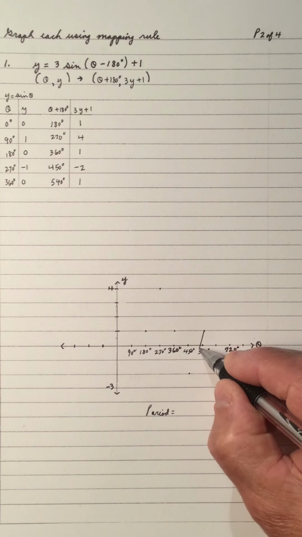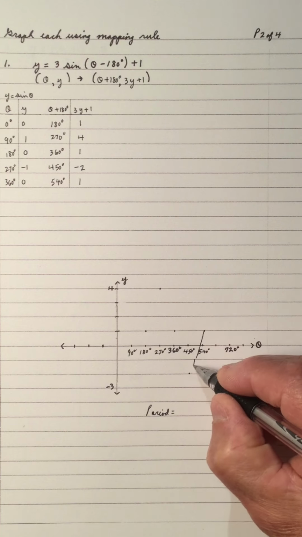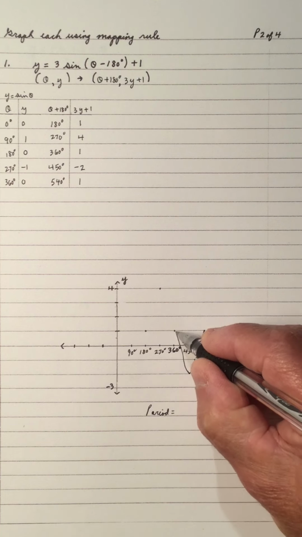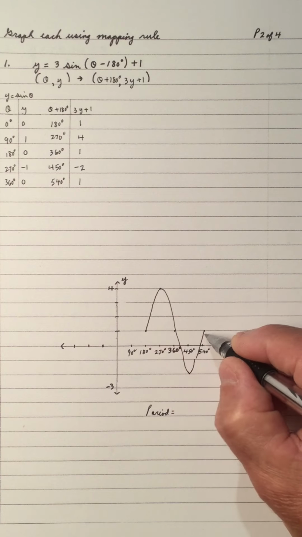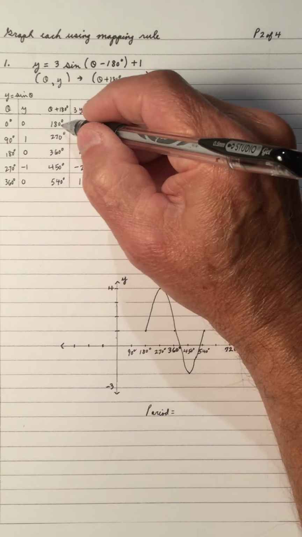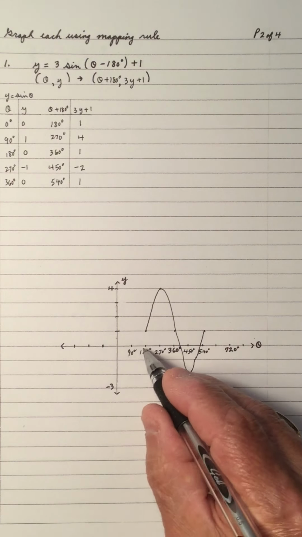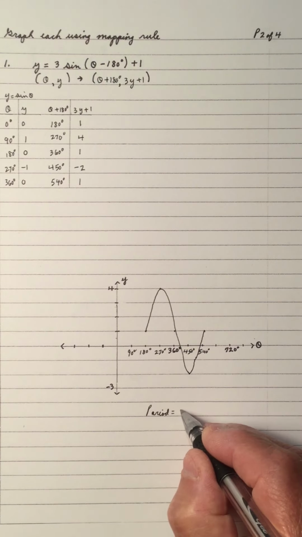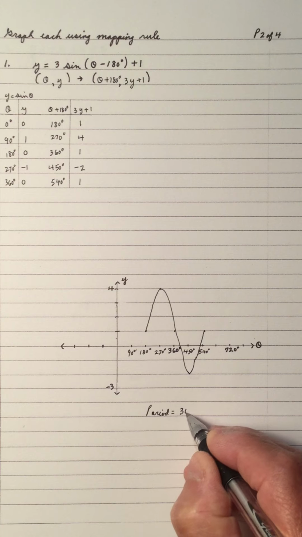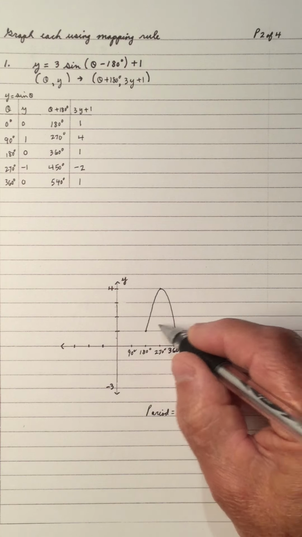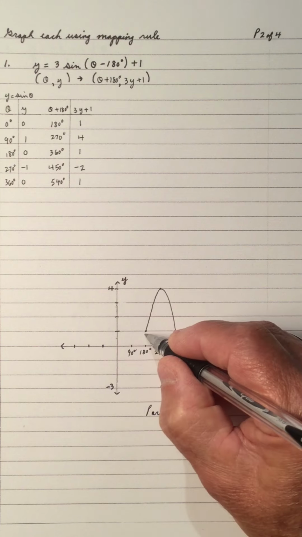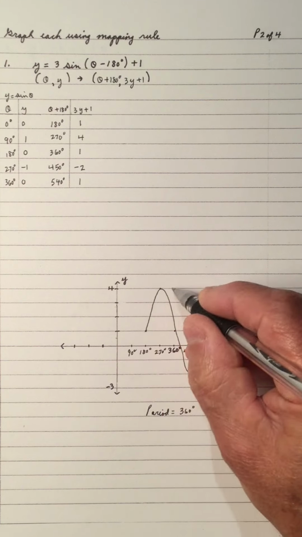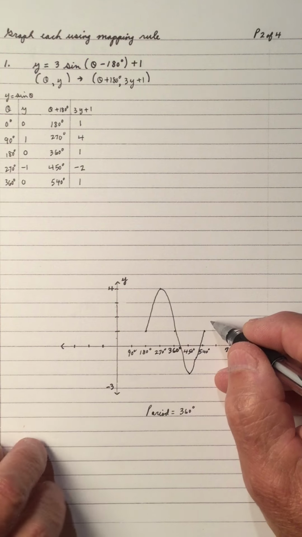So, when you draw this curve, it is going from 180 to 540, so the difference is 360 degrees, which is the period of this function. Notice from here to here is a sideways S. Starts off at 180, goes to 540, so the period of this function is 360.